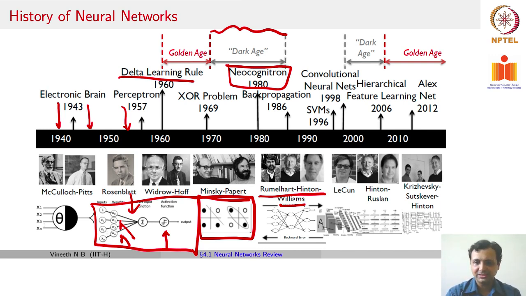In the mid-2000s, Geoffrey Hinton and Ruslan Salakhutdinov came up with a hierarchical feature learning algorithm, also known as unsupervised pre-training, using which they could initialize the weights of a deep neural network, and they showed that this could give distinct advantages for neural networks to outperform other methods.